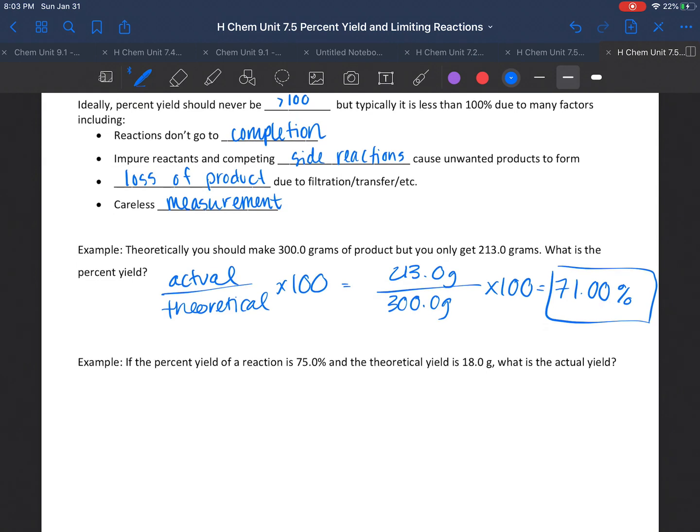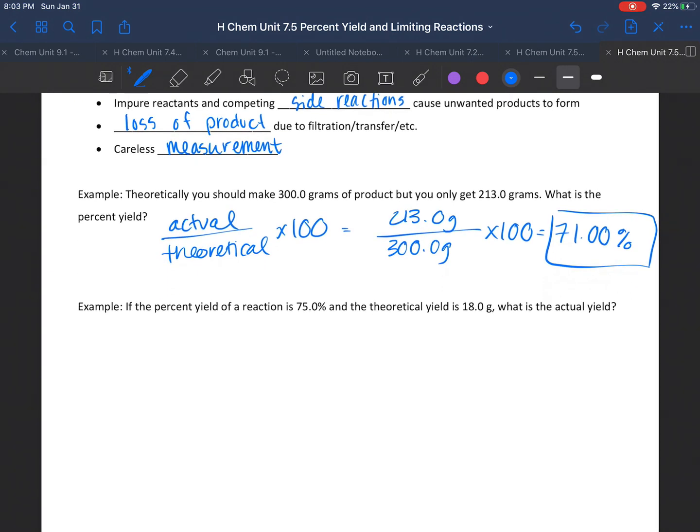We also need to be able to calculate one of the values, the actual amount or the theoretical amount, if we were given already our percent yield. This is just basic algebra, we're just rearranging equations. In this problem, it says if we have a percent yield of 75% and we have a theoretical yield, what's the actual?